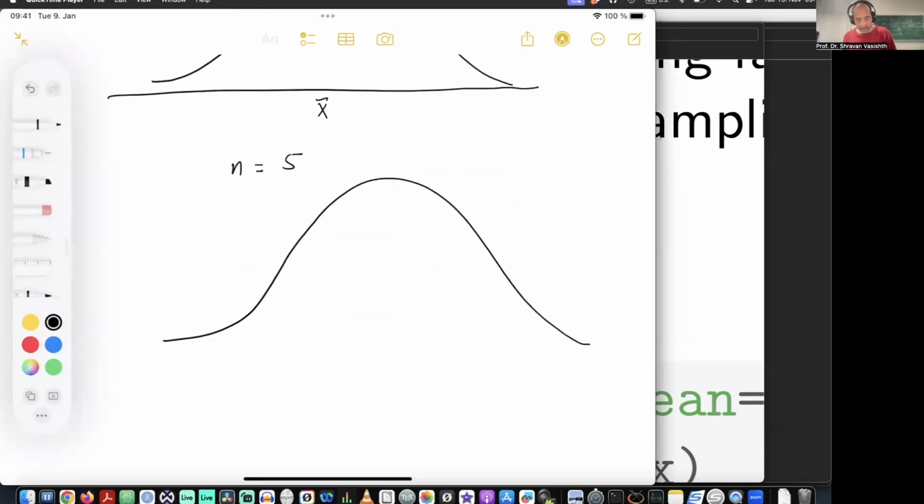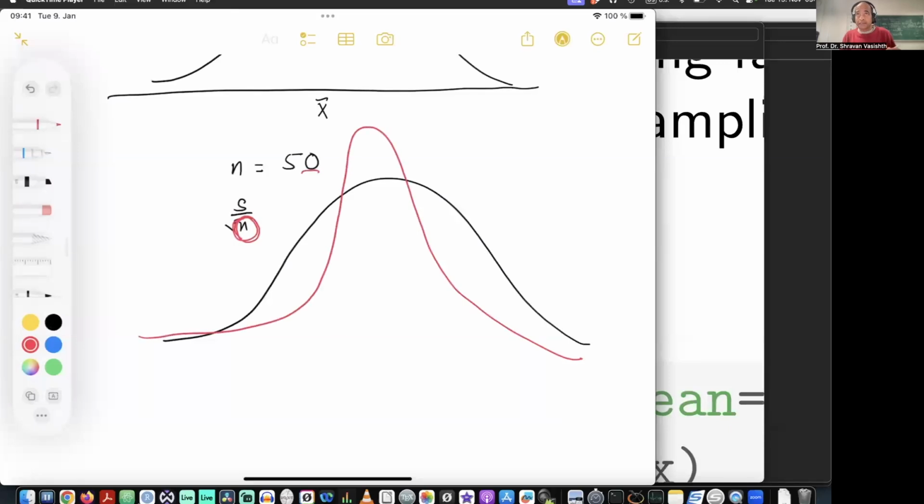The standard error will be whatever the standard deviation is divided by the square root of 5. Now if I increase the sample size to 50, the standard error will become much smaller because this quantity is now 10 times larger. Instead of 5, I've gone to 50 now, so the standard error will become tighter and tighter, smaller and smaller.